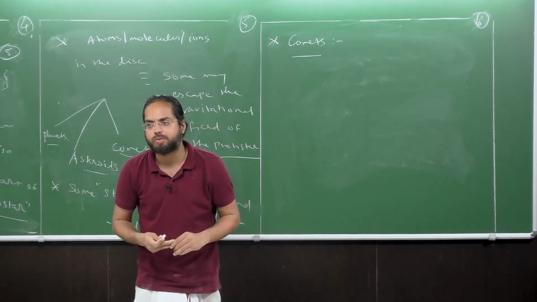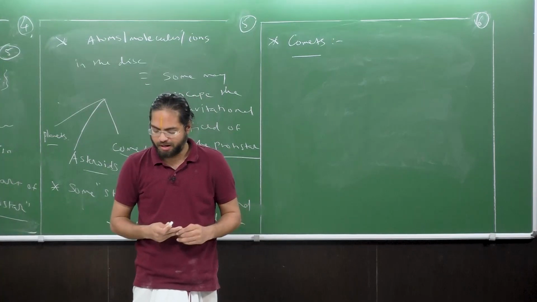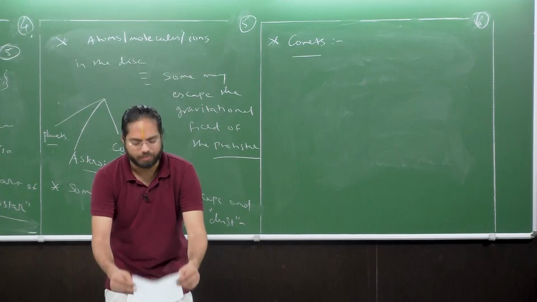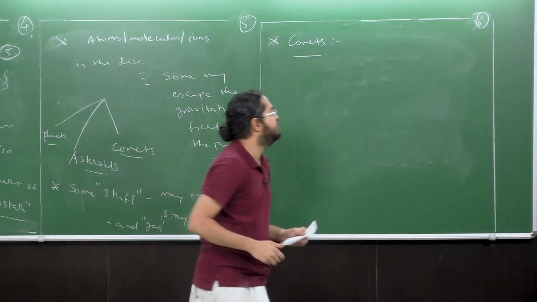But what is it made of? Why is it relevant for chemistry, etc.? Those are the questions we'll be looking into now. Now, the comets contain icy material. Okay, right?